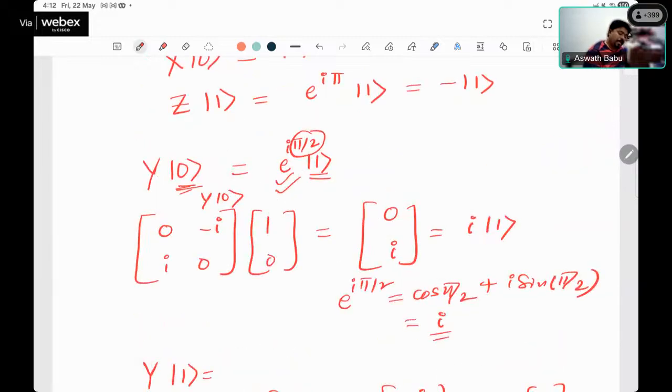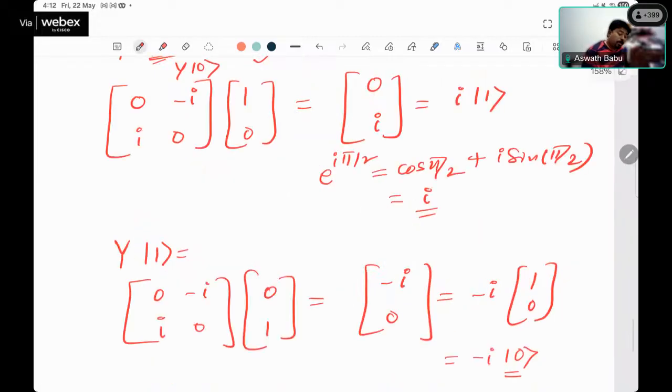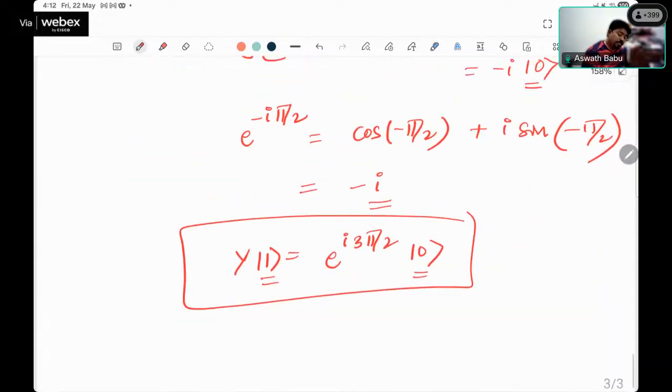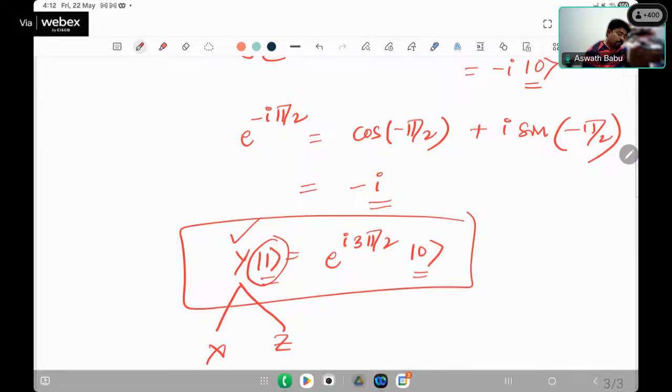At the same time, it is adding some phase, pi by 2 phase and 3 pi by 2 phase, on whatever state it is acting on. So you can say both X and Z actions are there, not exactly in the same way, but the traces of Z are there and the full trace of X is there in the Y operation.